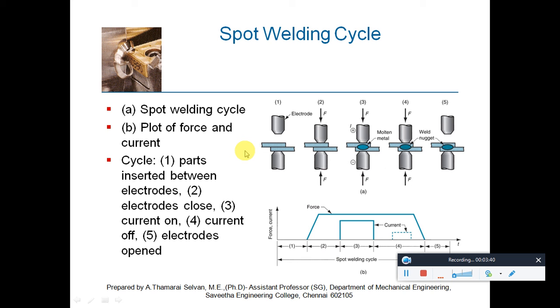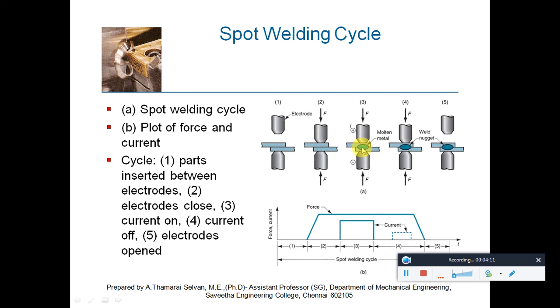And here the spot welding cycle involves, first, keeping the parts which are to be welded between the electrodes. Second, we close the electrodes so that the circuit is formed. Third, the current is passed because these electrodes have opposite terminals, positive and negative.